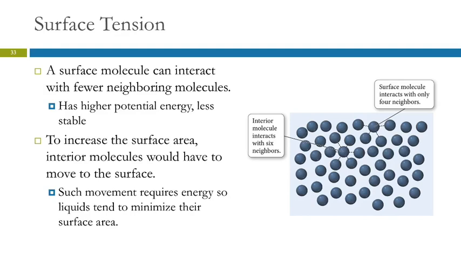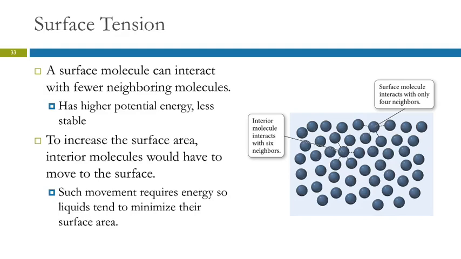So if we make a larger surface area, then we have more of the molecules with fewer attractions. And that is not a more stable situation. Okay, that's going to be higher in energy than when we have more attractions. So these molecules in the interior have lower energy than the ones on the surface. And it wants to minimize the energy, and so we want as many molecules as possible to be on the inside.